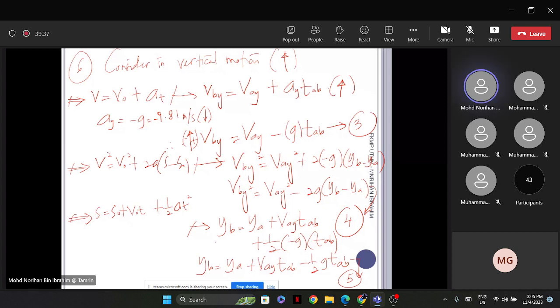What you need to do is expand these equations into the components of x horizontal direction and y vertical direction respectively. By expanding, we got equations 1, 2, 3, 4 until 5, the ones that I have already shown you just now. So this is the method of solution, or the procedure of analysis, when we deal with projectile motions.